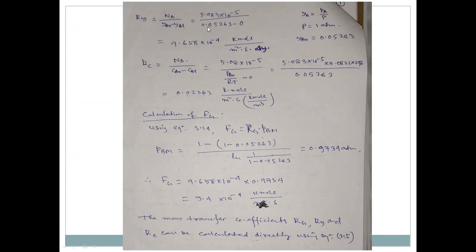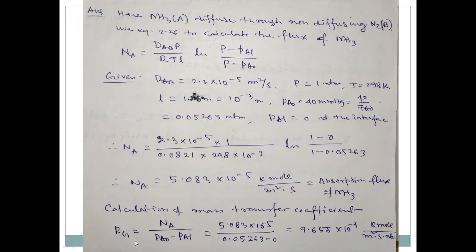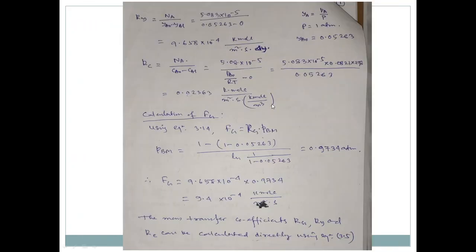So kG and ky are numerically the same, but here it will be delta y. kc equals NA divided by delta C.